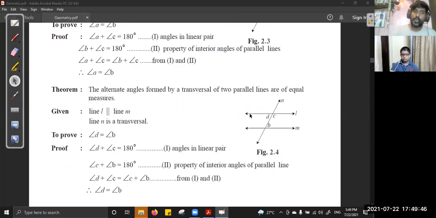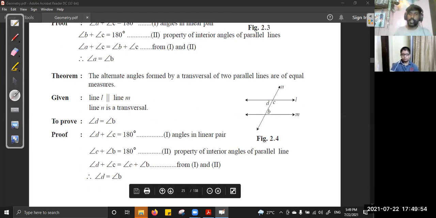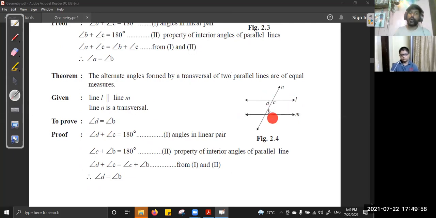Same thing goes with alternate angles. That is called the alternate angle theorem. Since the two lines L and M are parallel to each other, all the pairs of alternate angles, interior, exterior, whatever it is, will be congruent to each other. Oh, sorry, I said parallel.